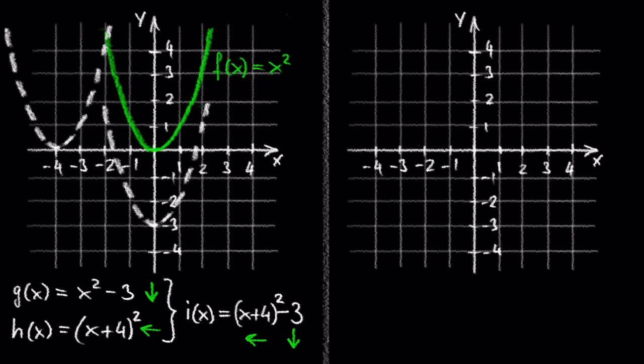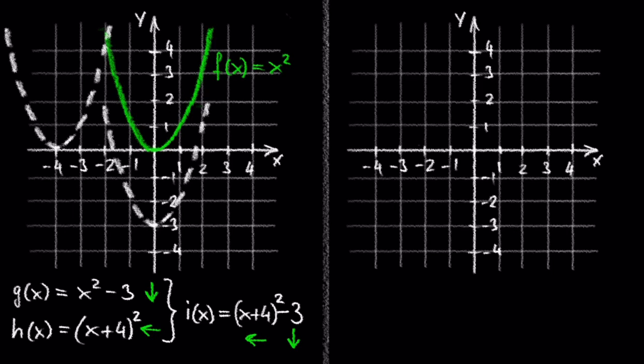The best way to graph this shifted parabola is to start with the vertex of the parent function parabola. Recall that the parent function parabola is the simplest parabola f of x equals x squared, which has its vertex at the origin 0, 0.